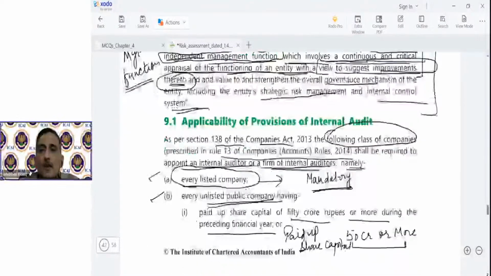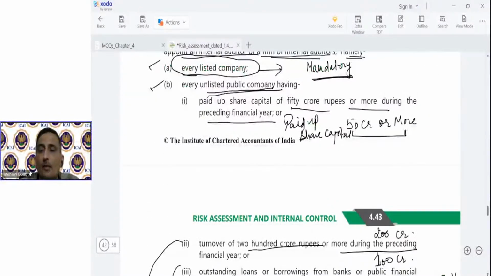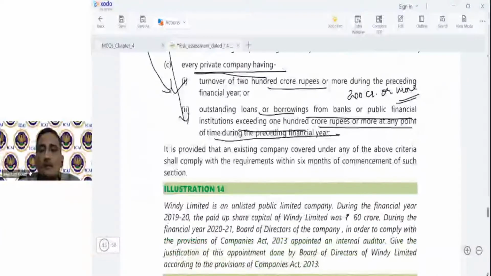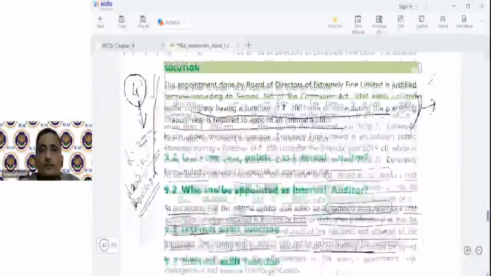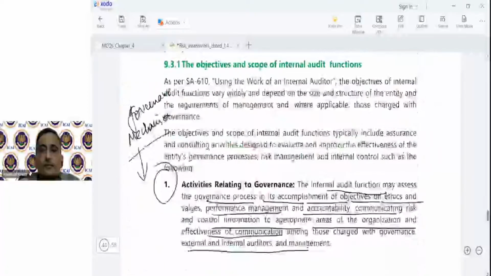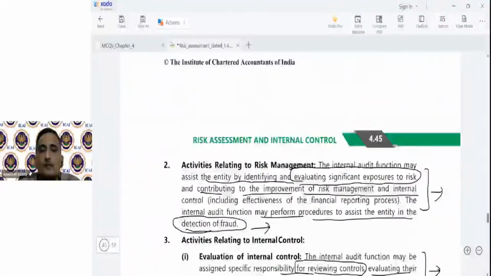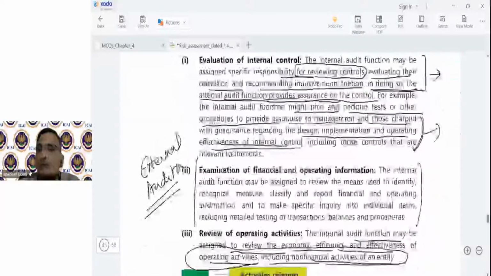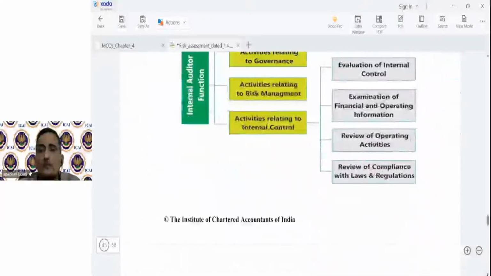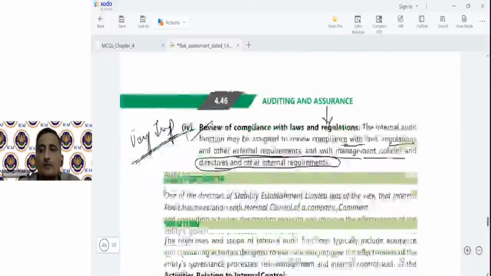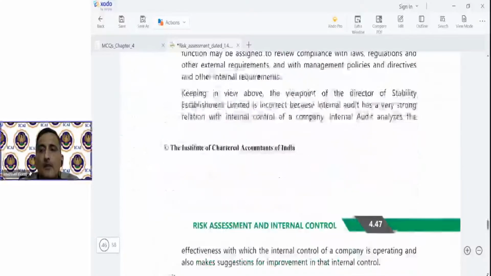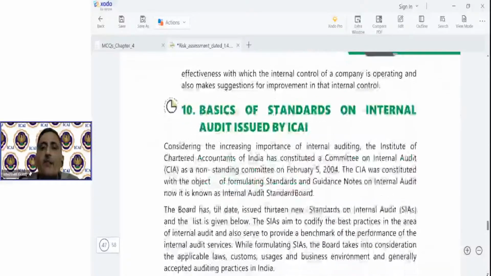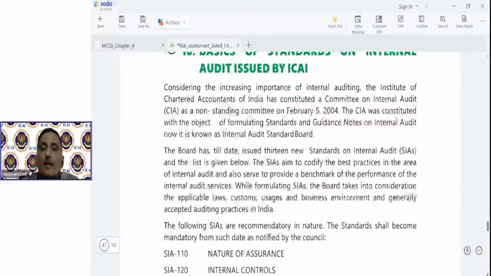So let us see what is left out in this topic, internal audit. These are again the same, this we have done. These are the basics of standards on internal auditing, guys.